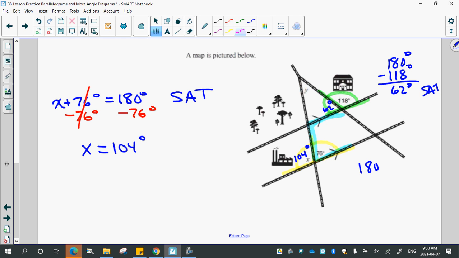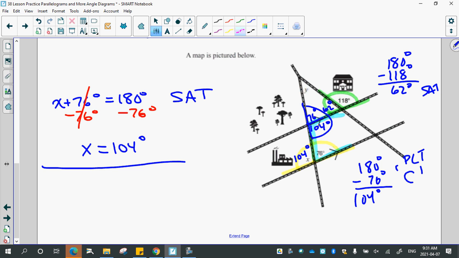So you did 180 minus 76, and it gave you 104, and that was C. And then you did... Yeah. You got 76. And then you finally did y plus 76 plus 62 is 180. Perfect.